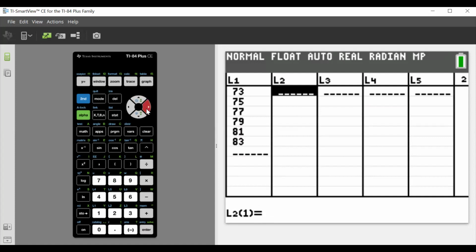Now let's go over here and we have the second column. So let's do 40, and then we had 44, and then we had 92, and then we had 94, and we had 98, and then we had 100.